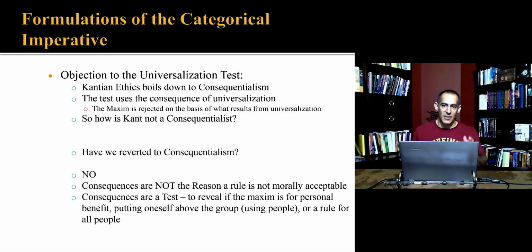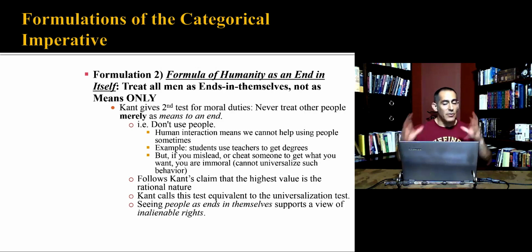So if I act on a maxim that cannot be universalized, it shows that I'm acting on a maxim because it's something I think will benefit me, kind of putting me above other people. So if you think of it that way, maybe it's not purely consequentialist or actually at all consequentialist, but just a test to see if I am giving myself some kind of special privileges or some special status in the greater human scope.